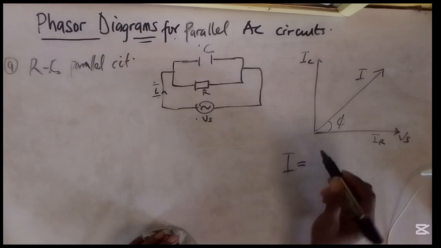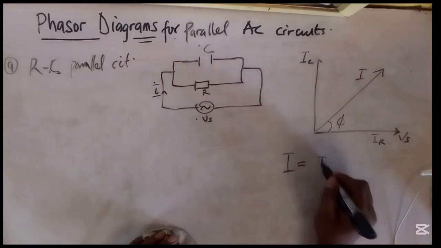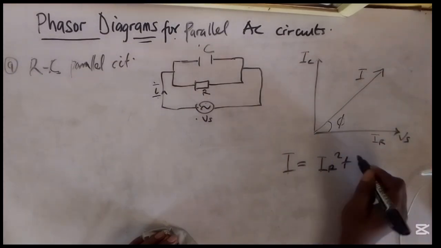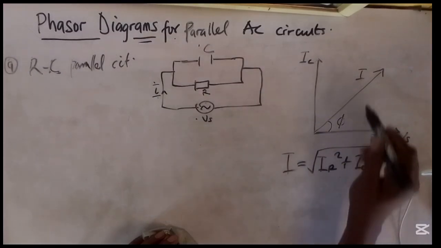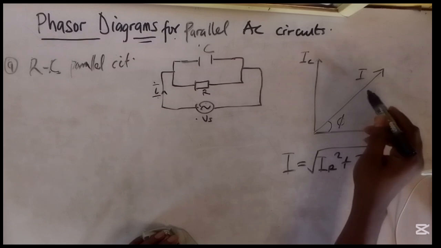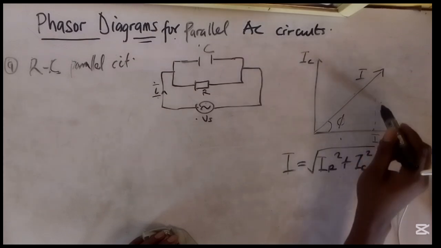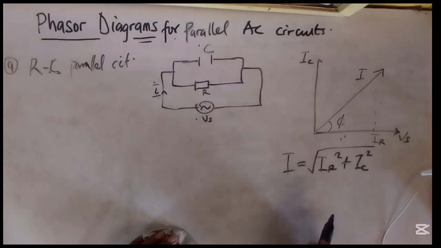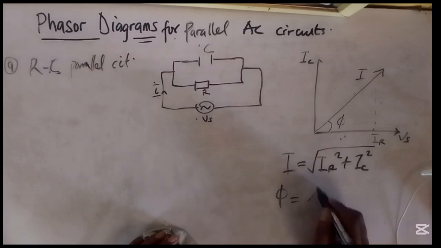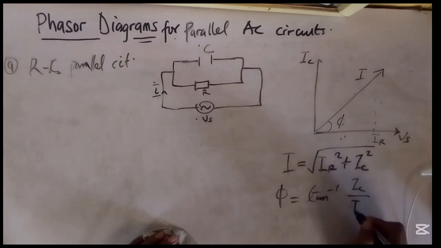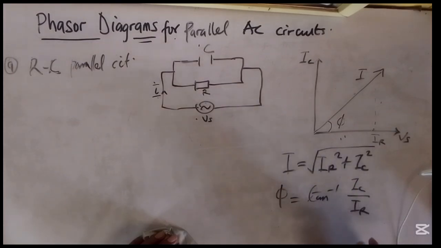So the magnitude is still going to be the square root of IR square plus IC square, where we can see from Pythagoras that the square of this is the addition of the squares of the other two sides. With that, we can also see that our phi can be gotten from tan inverse of IC all over IR.